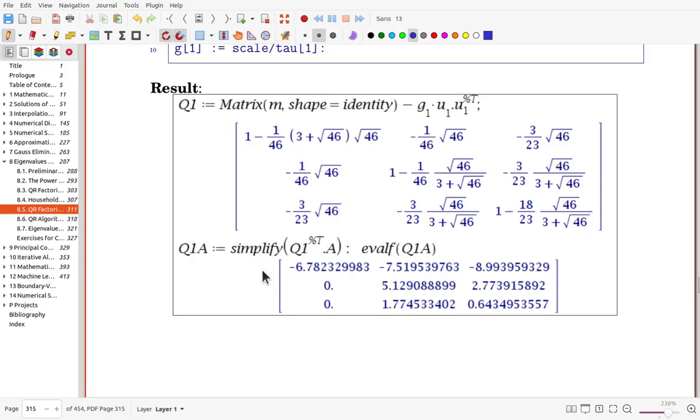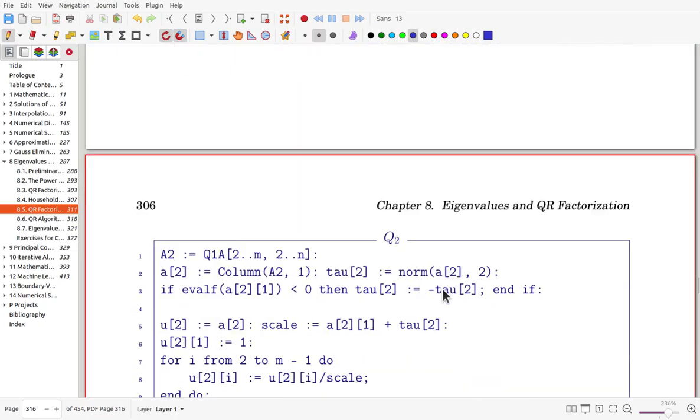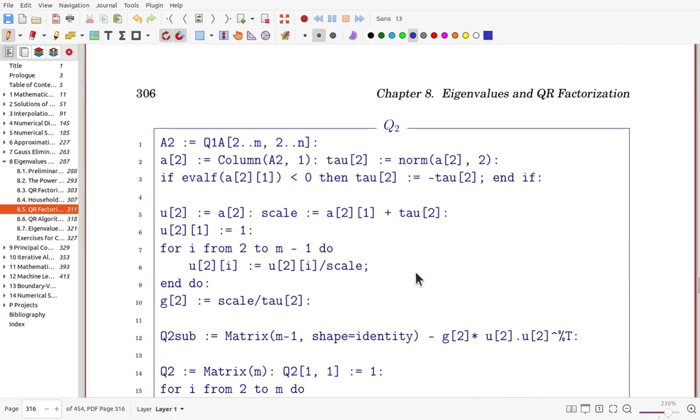After the transform, the entries below are 0, and we have only a non-zero component here. So Q2 will be made along with that. We are focusing on this part, and then Q2 will be constructed. Here we have the portion for Q2.